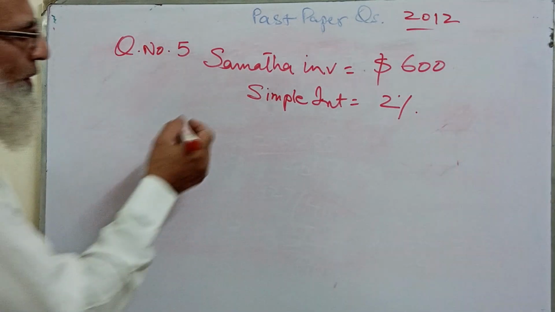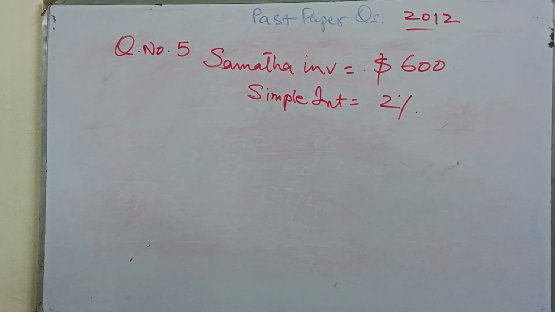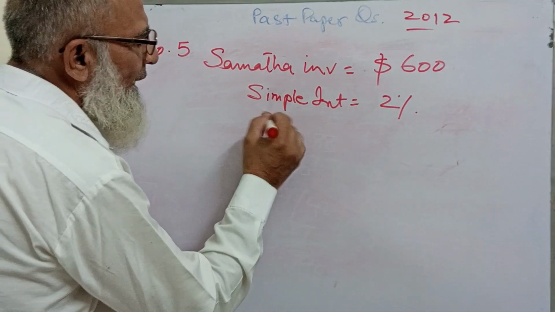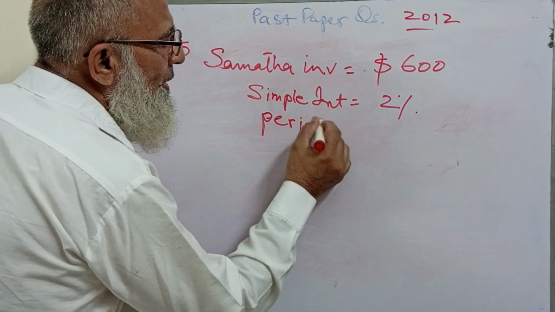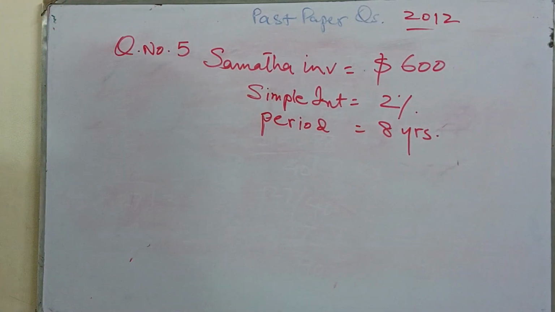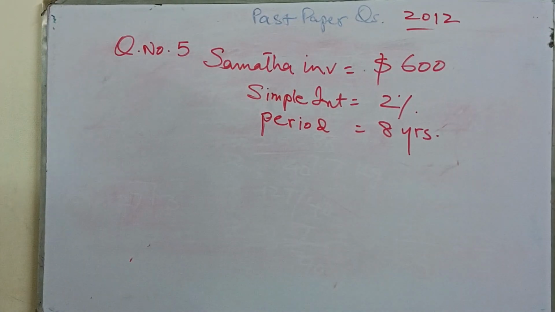For example, for the first year, now our period is 8 years. Let me write, the period of interest is 8 years, and simple interest is applicable, not compound interest.